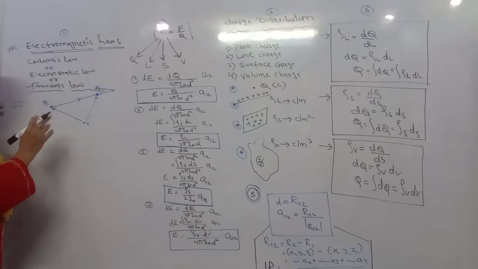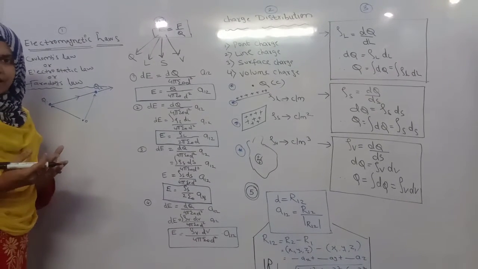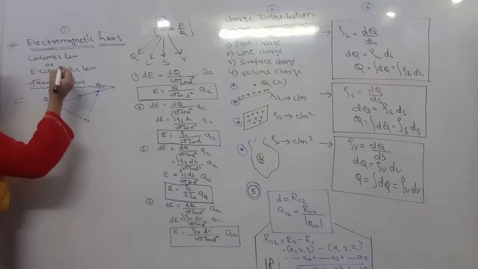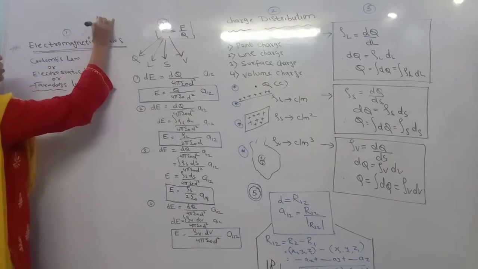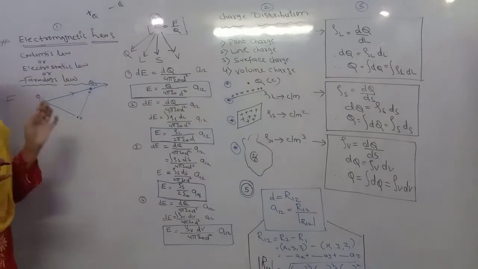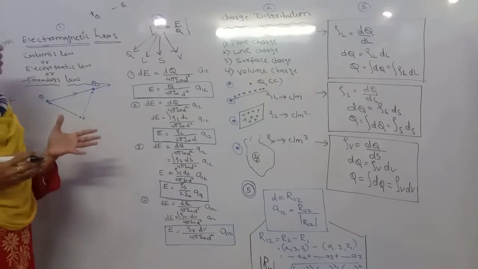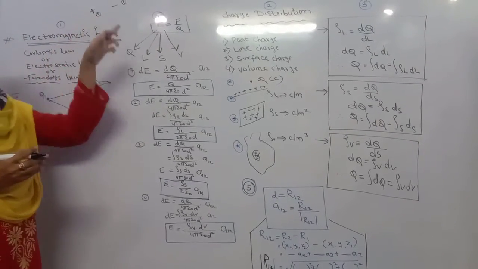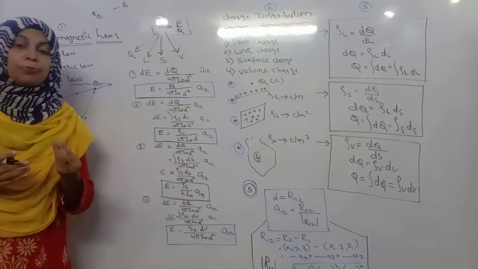So I am taking an example. I have two charges. We know very well the charge may be positive or negative. According to Coulomb's law, if both charges are the same, there will be repulsion.